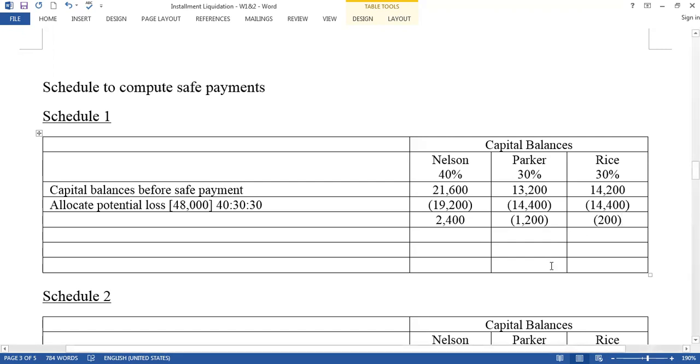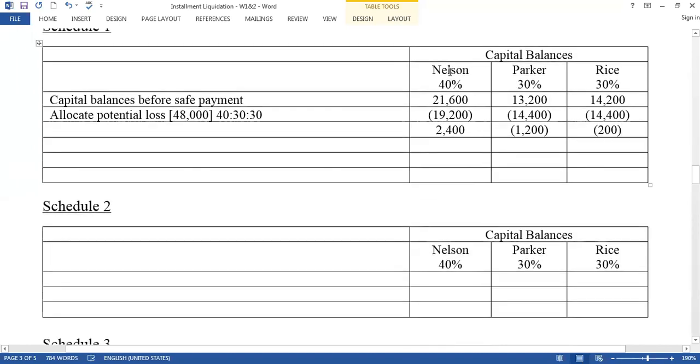This is 200. So we can see that only Nelson has the surviving ability, but P and R do not have the surviving ability. So P and R are not going to receive any money.